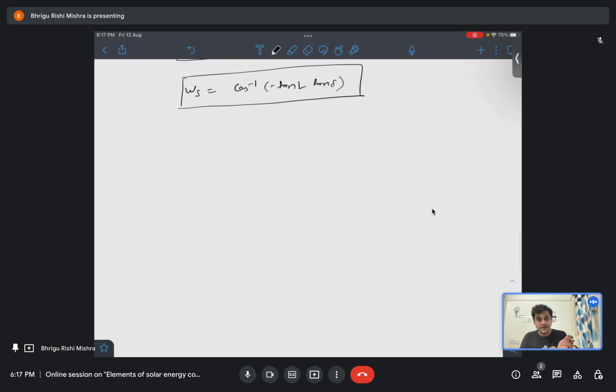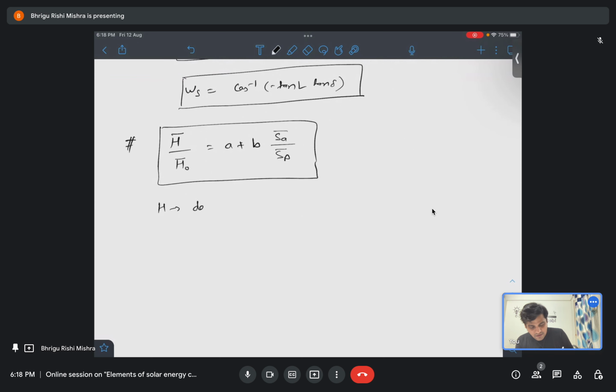Now in order to predict the solar radiation we need a formula. The linear relation we use to predict the average solar radiation, on an hourly or daily basis or even a monthly average, is h bar by h naught bar equals a plus b times S A bar by S P bar.